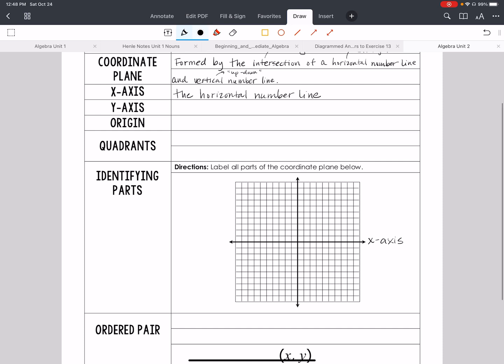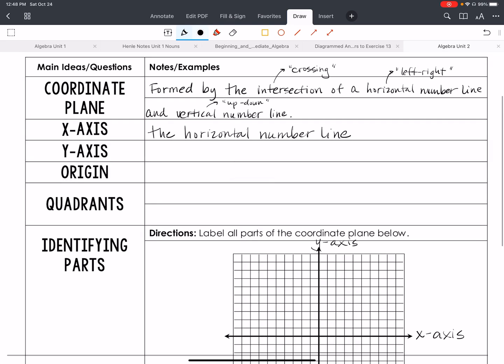And then this is the y-axis. And along this number line, we will find all of the numbers that our y variable might represent. So that is the vertical number line.